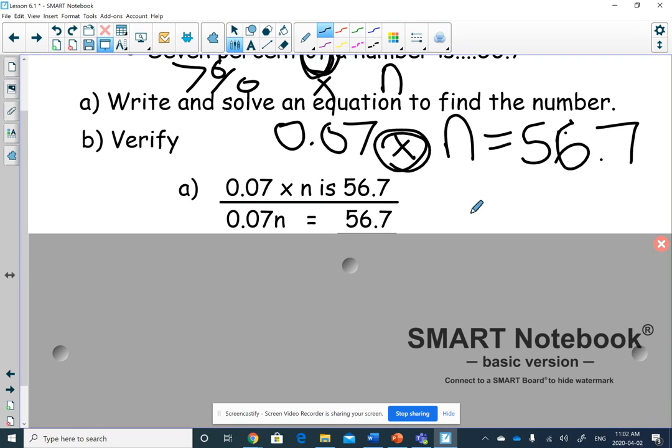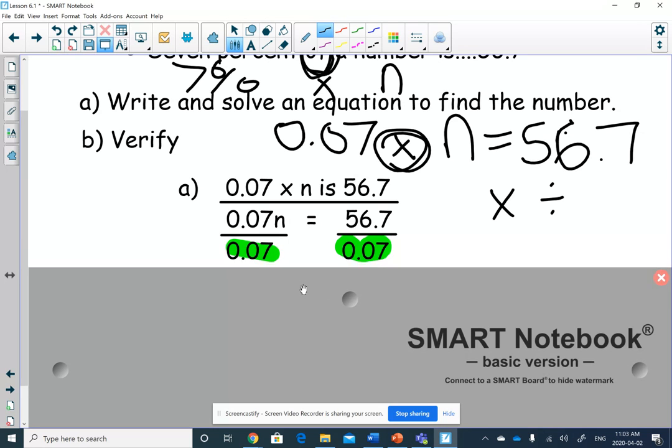So just like that, 0.07n equals 56.7. So now in order to solve for n, I have to get rid of this 0.07, which is being multiplied by n. So I have to do the opposite operation. Opposite of multiplication is division. So I'm going to divide by 0.07. And what I do to one side, I have to do to the other, right?